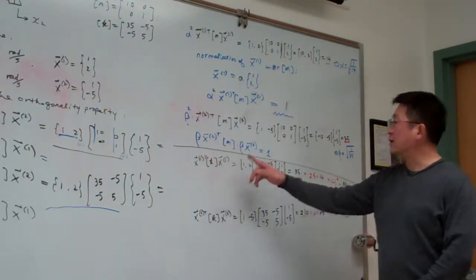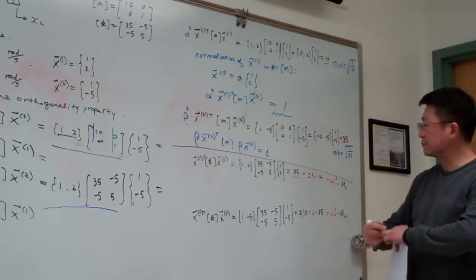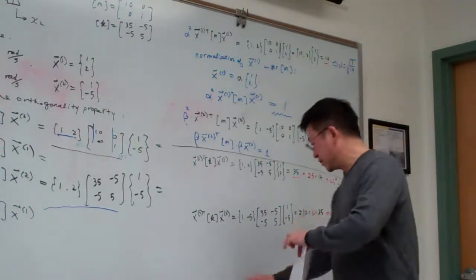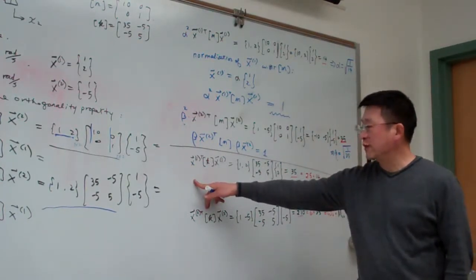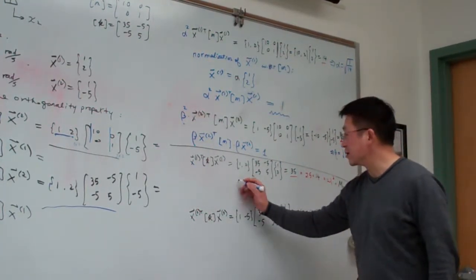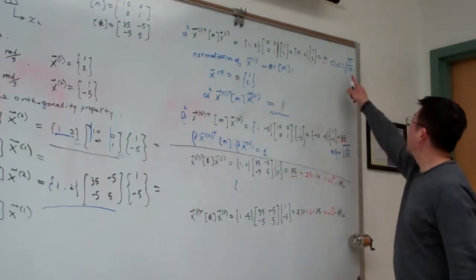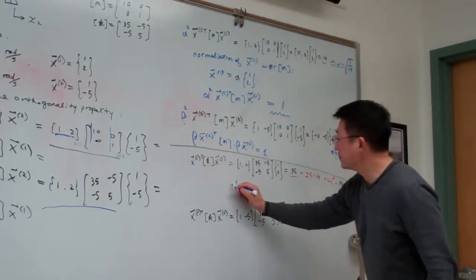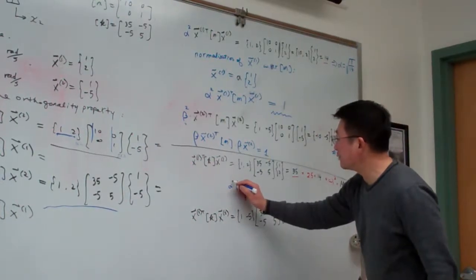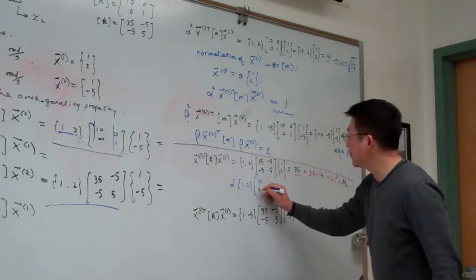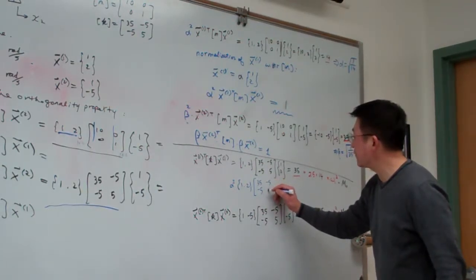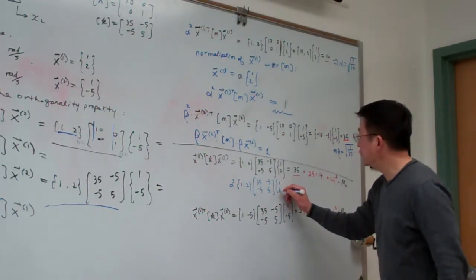So if we work on the normalized vectors, let me use the columns to indicate. So here is the calculation corresponding to normalized vectors. The normalized vector would be alpha times 1, 2, then 35, minus 5, minus 5, 5, then 1, 2.